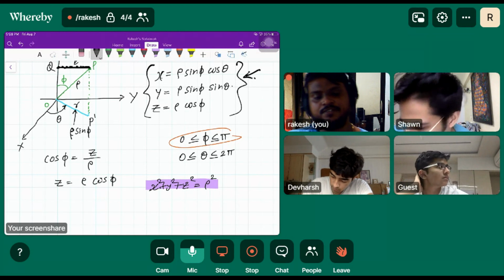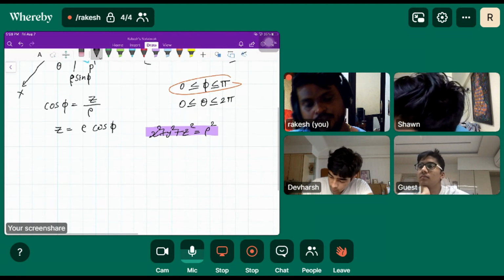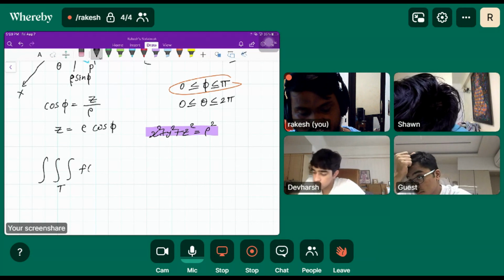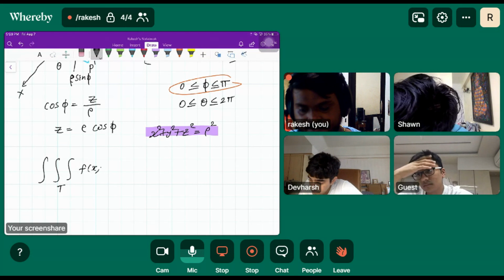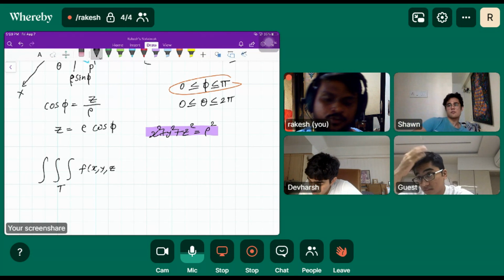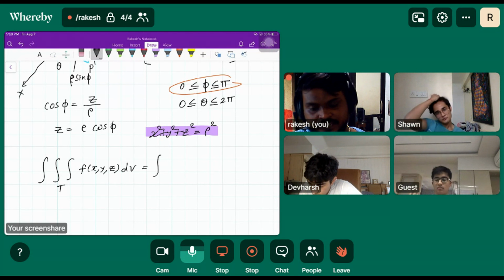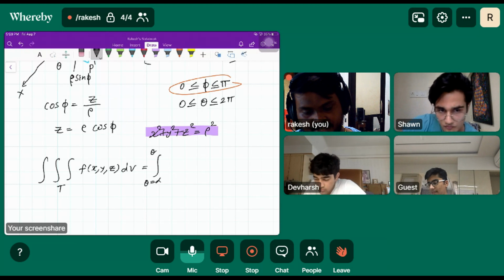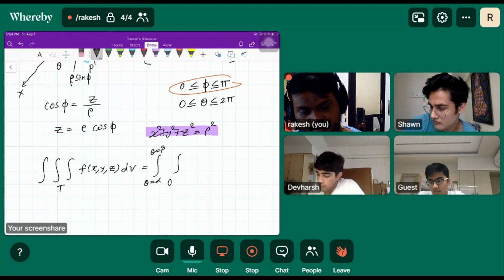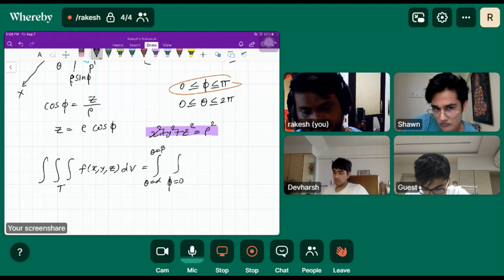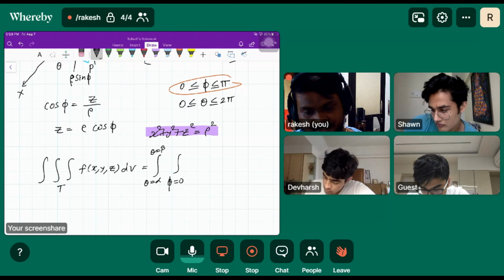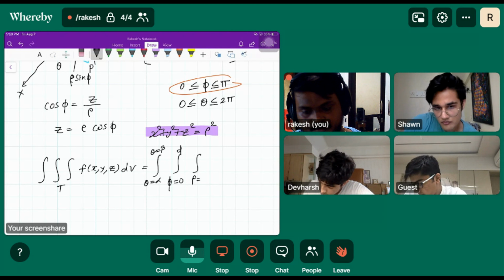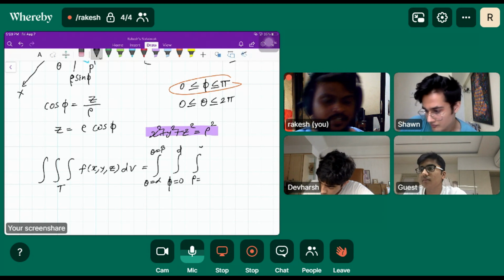If we set up the triple integration here, for the given region, f of x, y, z dv, we always take this order: theta goes from alpha to beta, phi goes from 0 to some value, and rho goes from some value to some value.